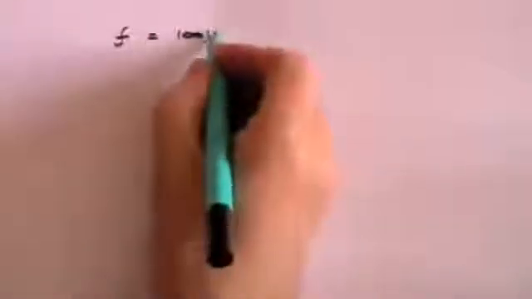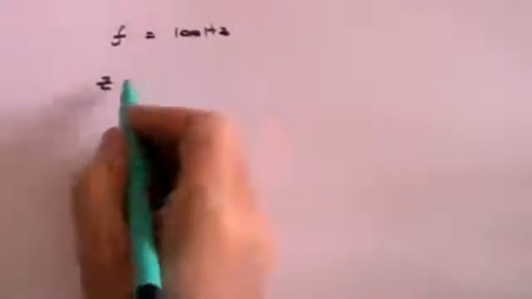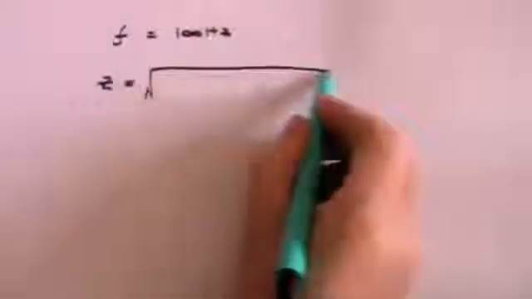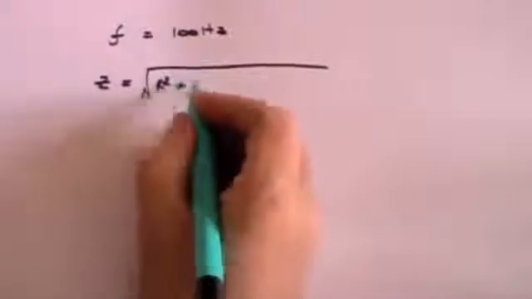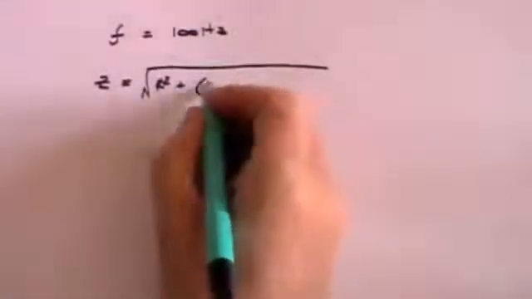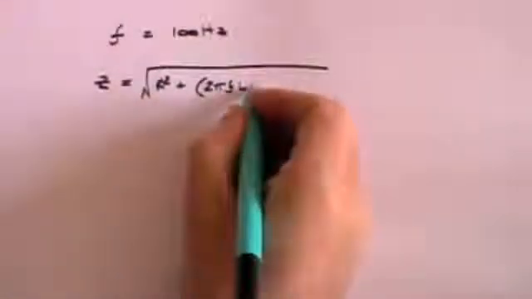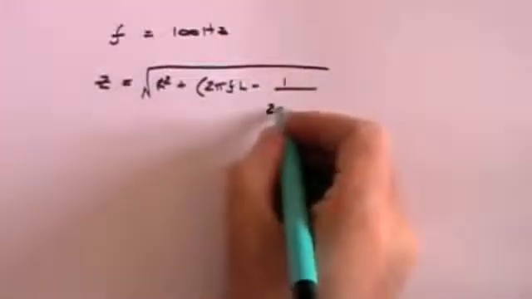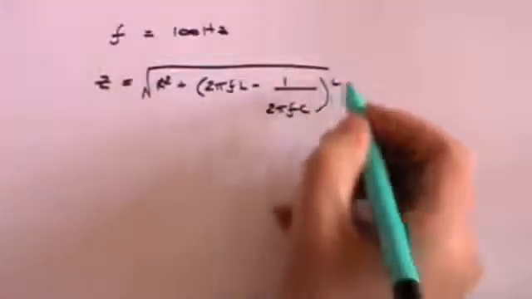And just to show you what I mean by resonance, remember in that circuit we had a total current of 10 amps. Suppose that the frequency, instead of being 50 hertz, which is what I said it was, were 100 hertz. Then you would have that Z is equal to the square root of R squared plus (2 pi FL minus 1 over 2 pi FC) all squared.